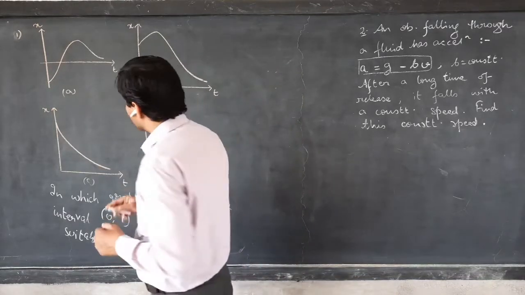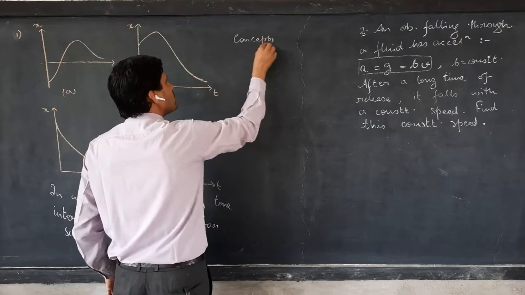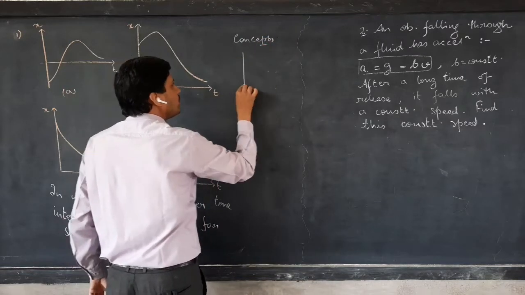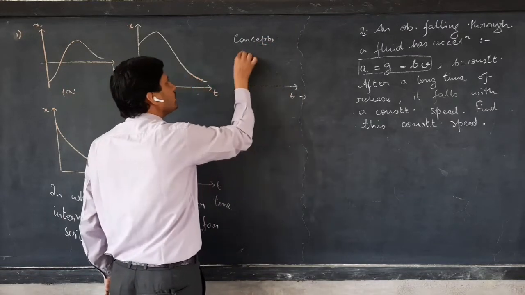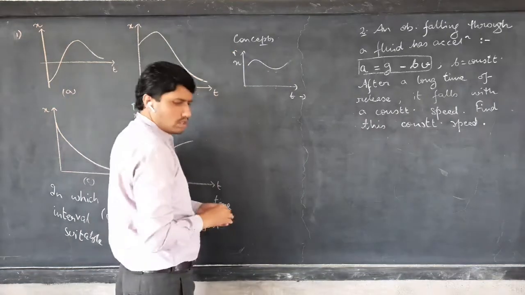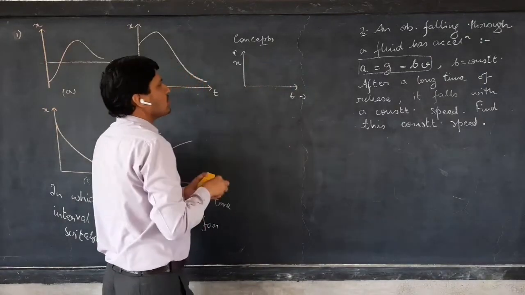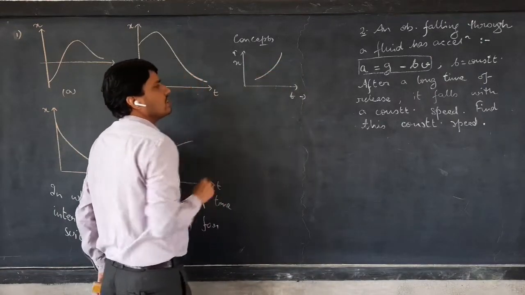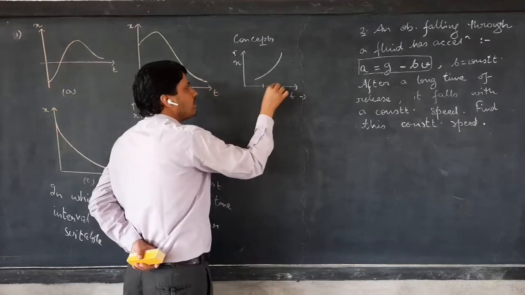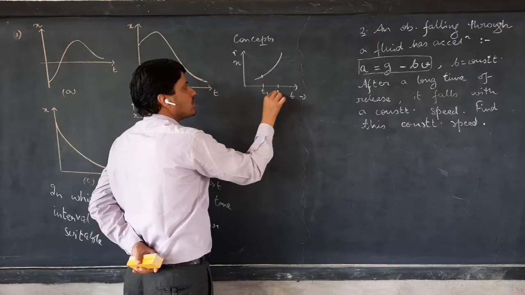Now here we need two concepts. First, if you have a position-time graph, let me choose some other graph like this, and suppose two time intervals are given. Say this is t1 and this is t2.